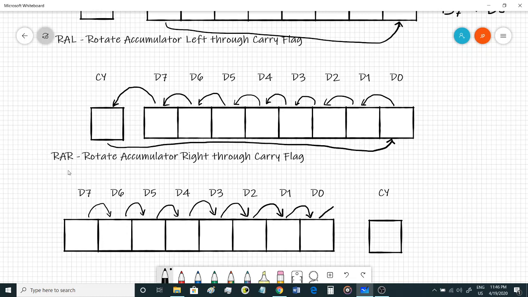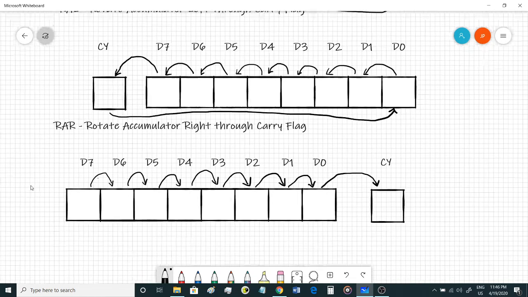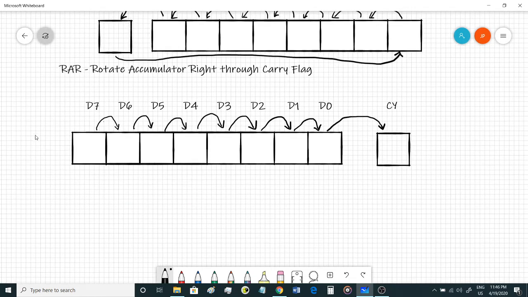Whatever data is there in D0 goes into the carry flag, and similarly, whatever data is there in the carry flag goes into D7. Very similar to the previous instruction. In the previous instruction it was rotate left, here it is rotate right. So the LSB goes into the carry flag and whatever data is there in the carry flag goes into the MSB. I hope this is very much clear.